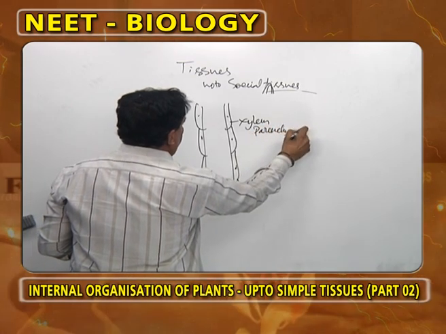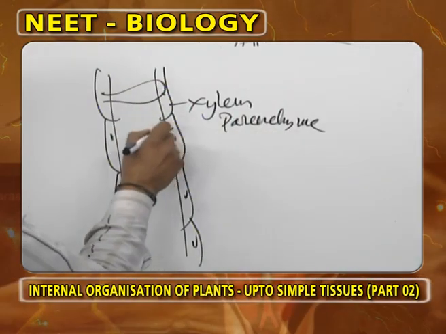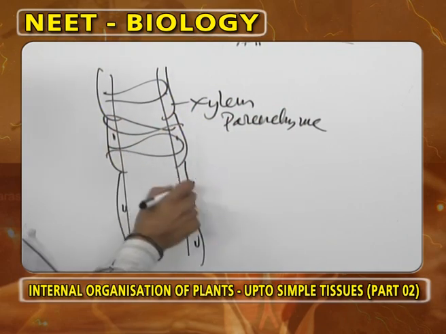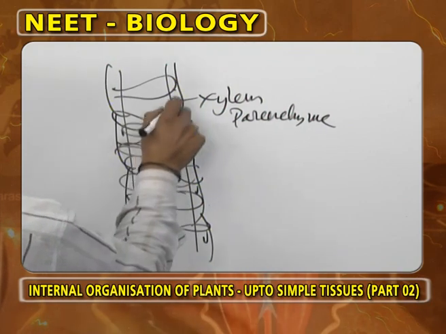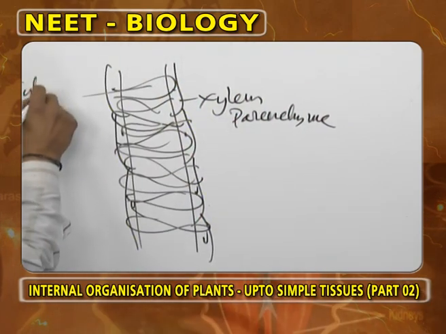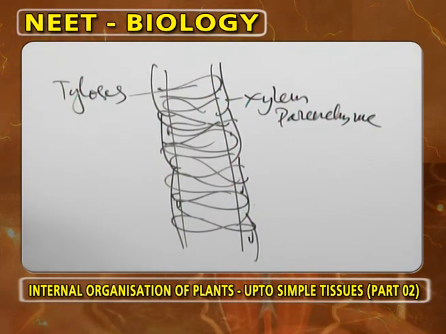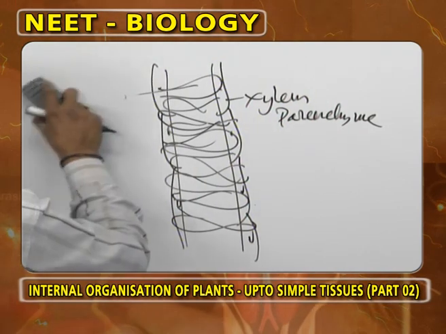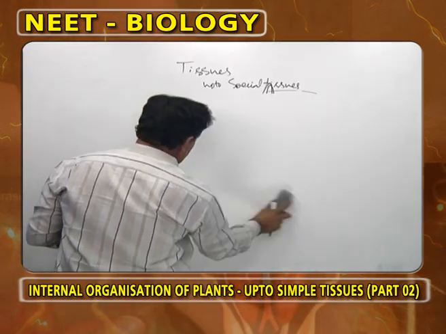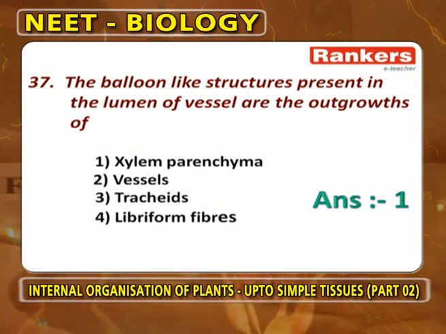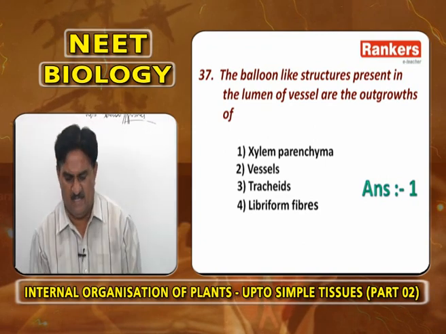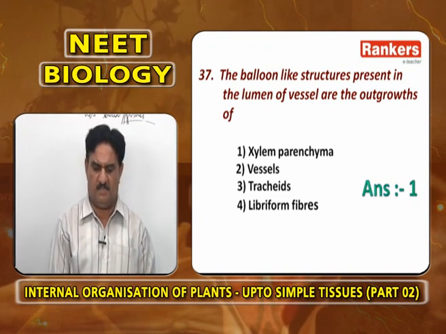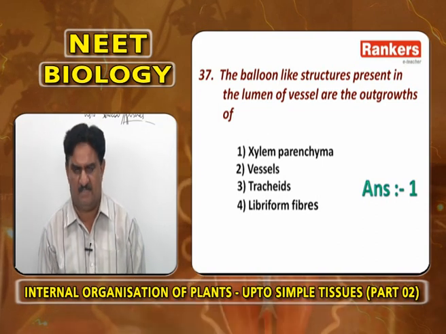Whenever a xylem parenchyma is injured, it starts producing special balloon shaped structures into the xylem vessels which block the movement of water, and block the infection of microorganisms and other things. These special balloon shaped structures are called tyloses. These tyloses are balloon like structures present in the lumen of the vessel.